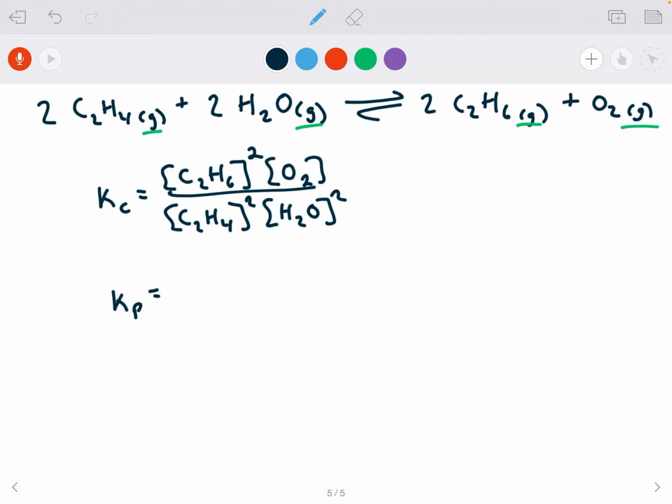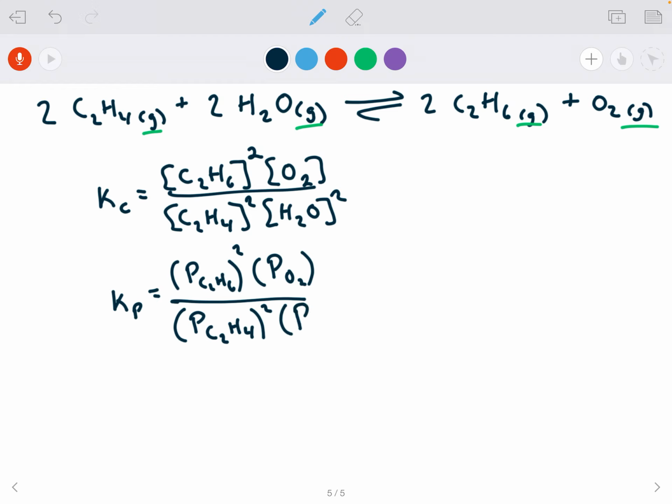So Kp would be the partial pressure of C2H6 squared times the partial pressure of O2 over the partial pressure of C2H4 squared times the partial pressure of H2O squared. Same exact format, but now it's partial pressures instead of concentration.